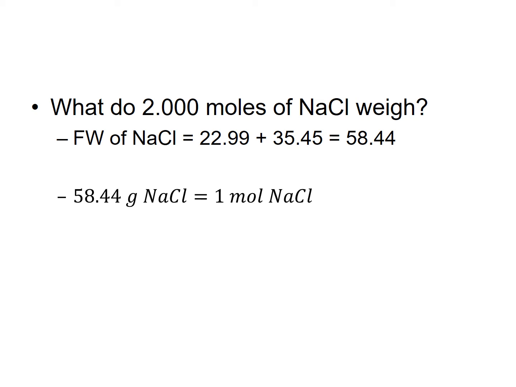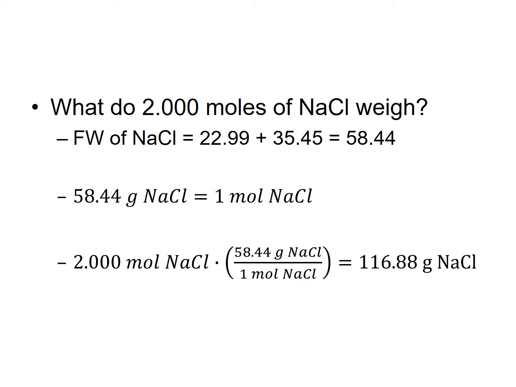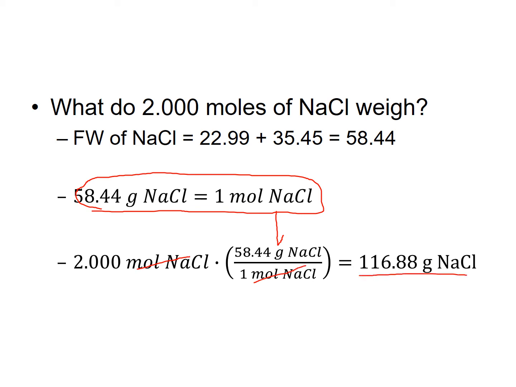I do the calculation by starting with 2 moles of sodium chloride, multiplying by the conversion factor. And again, we see the conversion factor comes from here, goes into this ratio, and I put 1 mole in the bottom because I want moles to cancel, and I get this answer: 116.88 grams of sodium chloride is the same thing as 2 moles of sodium chloride.